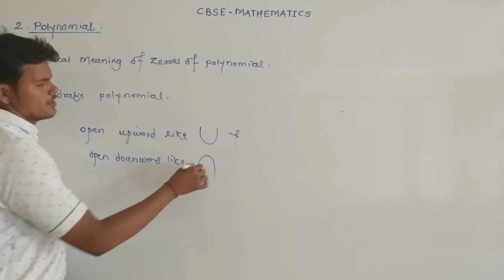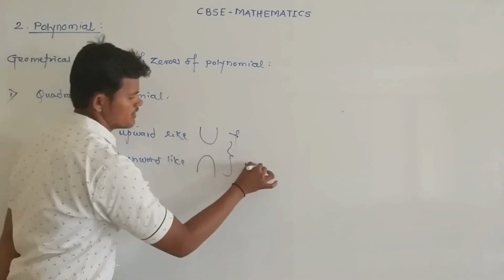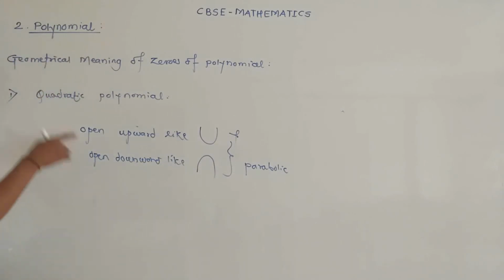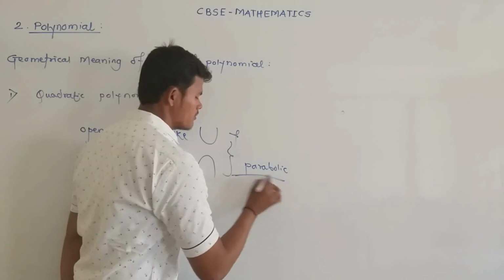This shape is known as a parabolic shape. That means the graph of a quadratic polynomial is in a parabolic shape.